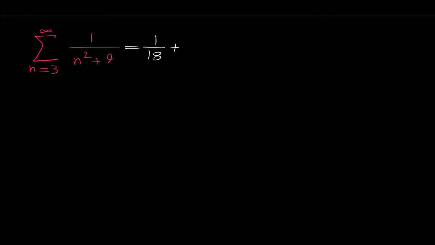The second term is 1 over 4 squared, 16, plus 9 is 25, so 1 over 25. The third term, if you plug in 5 for n, 5 squared is 25 plus 9, 1 over 34, and so on. As you can see, all the terms of this series are positive and they are decreasing. So we can use the integral test for this series.